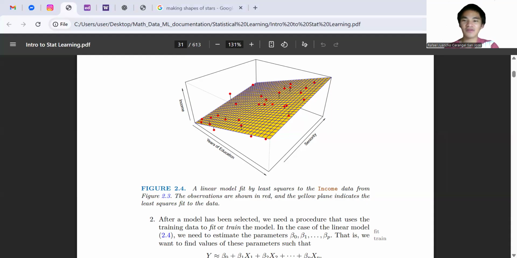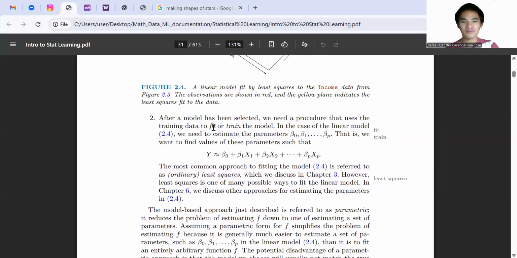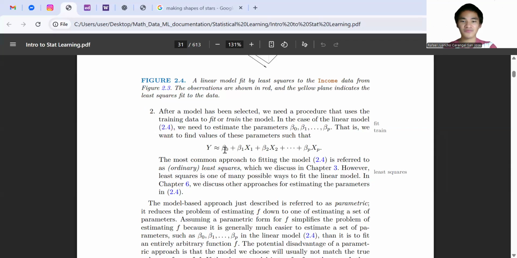Okay, so now that we've fitted these, well, here's the next step. So after we have selected some models, so in this case, a linear model, now we need to have some sort of procedure. And we use the training data to fit or to train the model. And so in the case of the linear model, now we need to estimate the parameters beta naught to beta p. That is, we want to find values of these parameters such that, there we go. So we want to find these values.